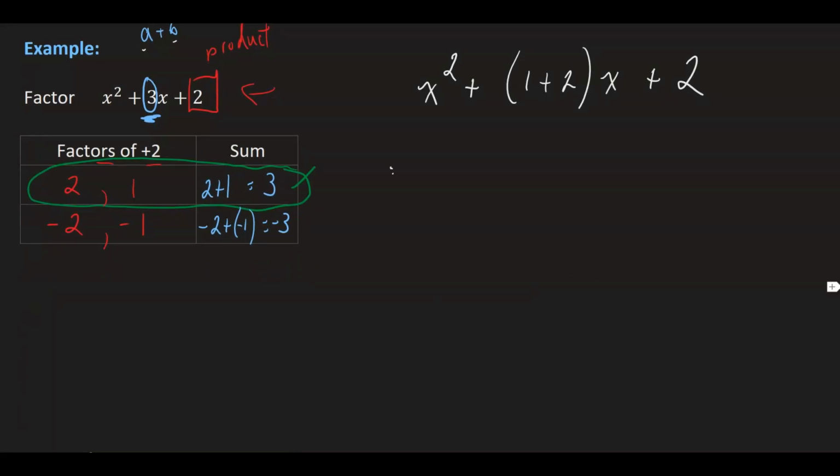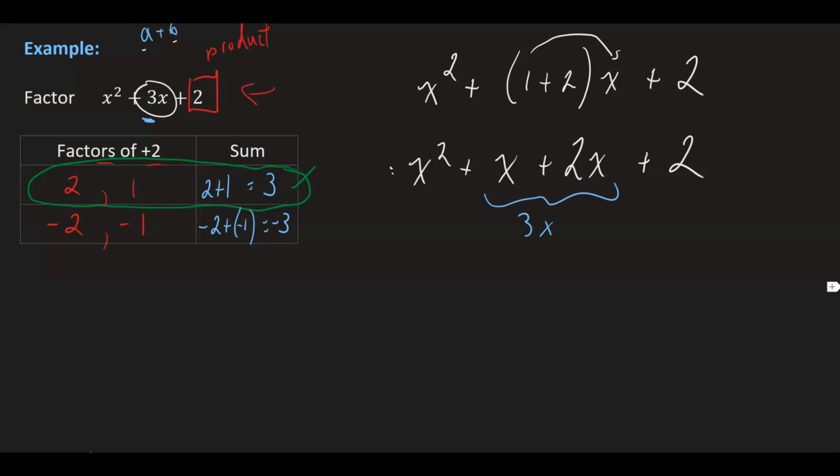So this will actually be equal to x squared plus, let's do the distribution, 1x plus 2x plus 2. So we have taken that term, 3x, all right, and remember it has to be equivalent to that, so it is. There's our 3x right there.